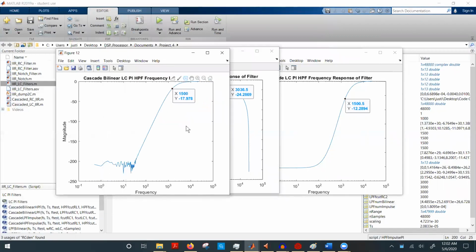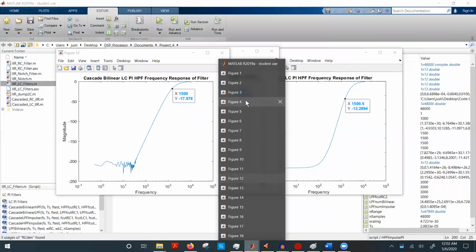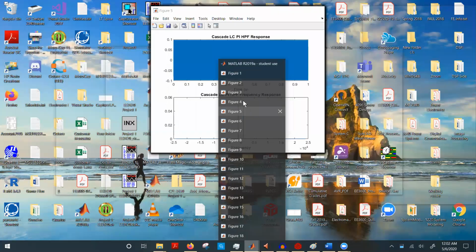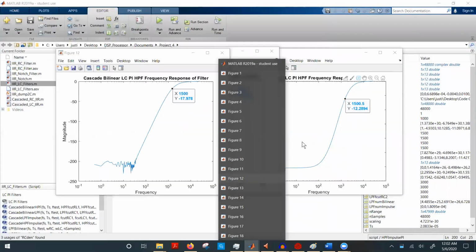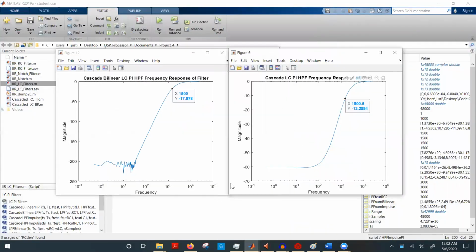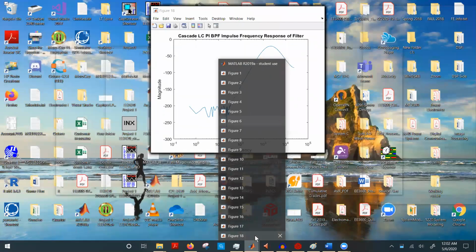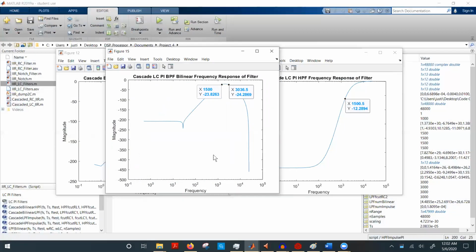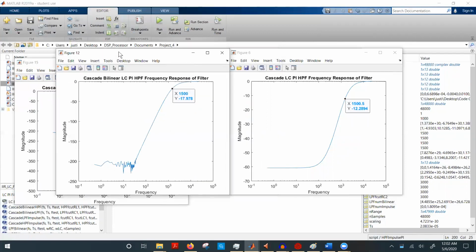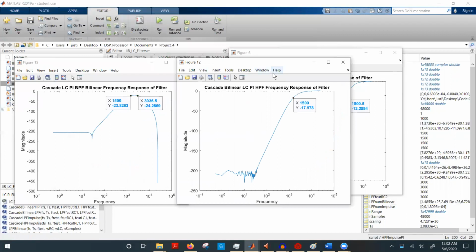So this is -18. And just like before, if we look at the high pass filters, did I choose the bilinear one to observe first? I think I chose the bilinear one first. So I have the bilinear one, which I had right here, which is at -18, and I have the bilinear high pass filter. If I go to 3000, notice how there's an attenuation of -5.